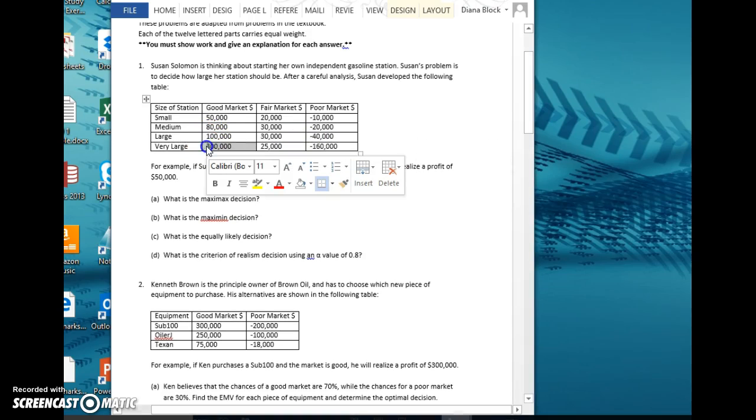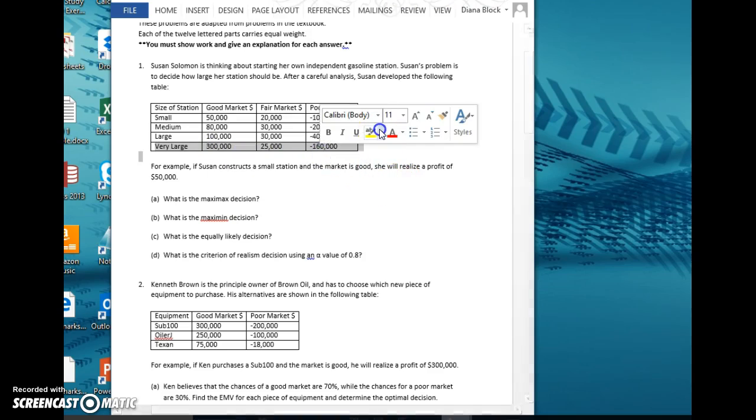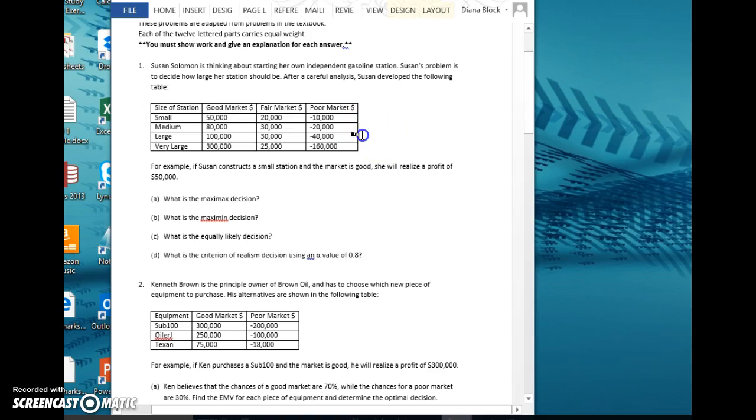So instead of just looking at the highest or lowest payoff in each one, you're going to actually average those. So if you're going to do this in Excel, you might even make a column here next to the data, and then put equally likely, and then calculate your average for each of these scenarios, and then your equally likely decision is the one that will have the highest average.